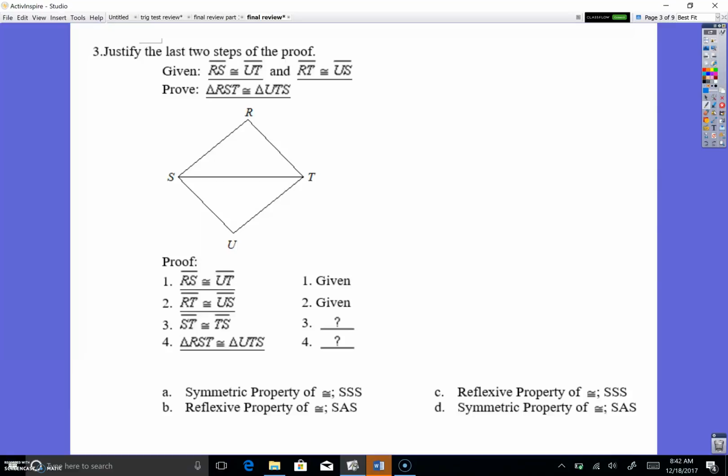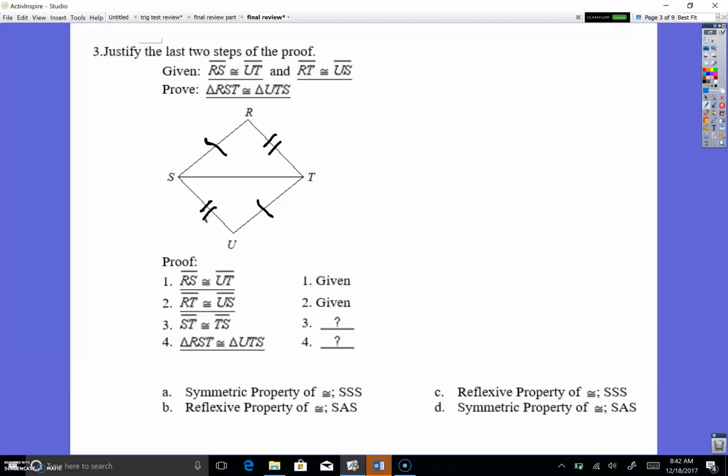The next part is the proof. Two-column proof. It's given RS is congruent to UT. RT is congruent to US.